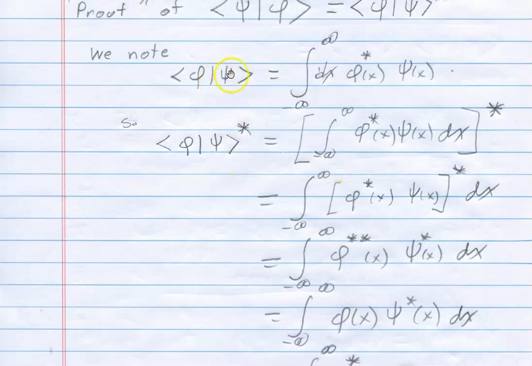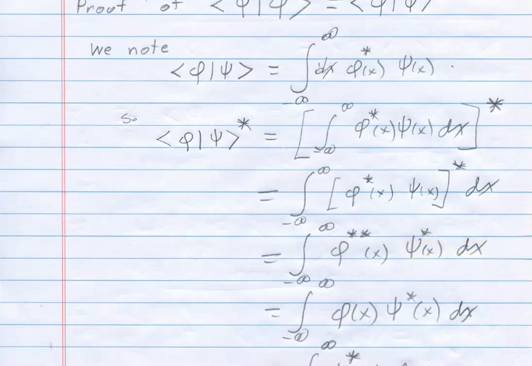And now I'll take the complex conjugate of this whole equation up here. The complex conjugate of this side is going to be equal to the complex conjugate of this side. And now x is a real number, so I can take the complex conjugate of what's inside here. So I'll get the complex conjugate of the complex conjugate, and the complex conjugate of this one is psi.